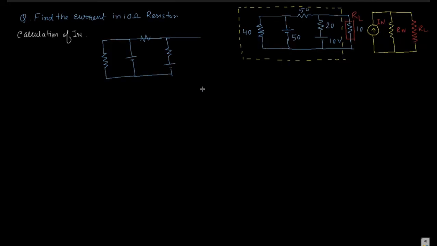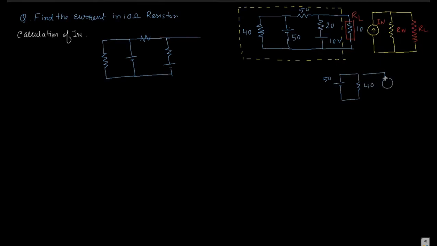That resistance is present, but as it is connected in parallel with that voltage source, the potential drop across the resistance is the source voltage. Means if it is a 50 volt battery source and this is a 40 ohm, then what is the potential across this?